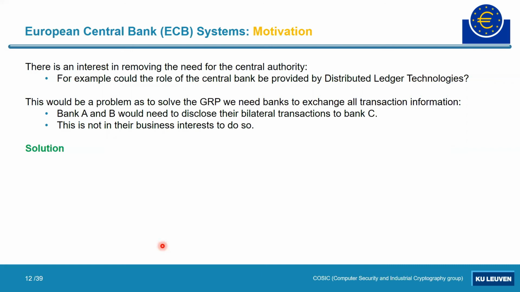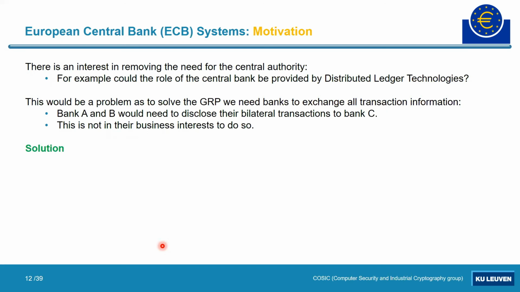This would cause a problem to solve GRP, because in that case, banks need to send all their information to each other. For example, if bank A and B are going to do some transactions between each other, then they need to disclose their information to bank C, and this is not what they want.